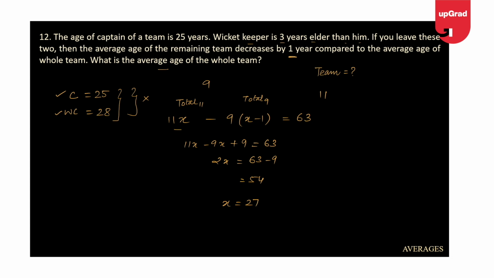Now if X is 27, that means my initial average of 11 players is 27, whereas my average for 9 players would be 26. But the question asks what was the average of the whole team? My answer is 27, and that's how we can solve this question.